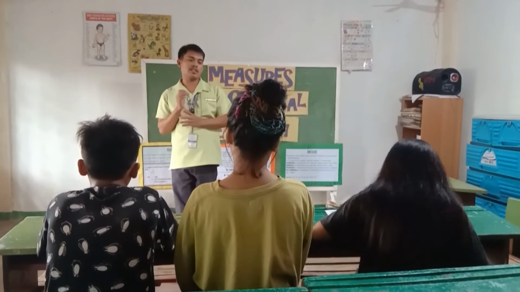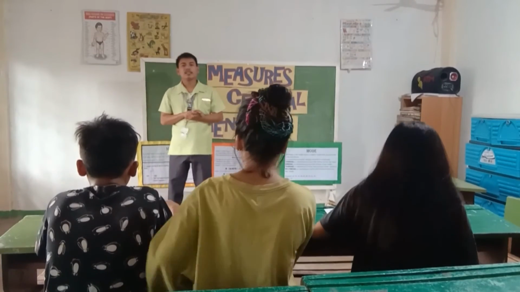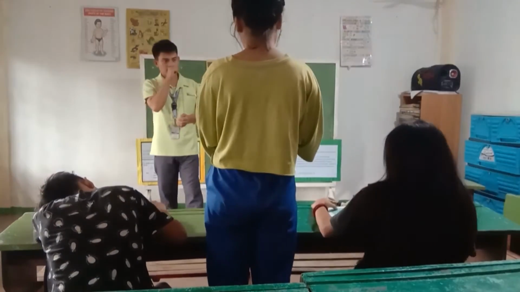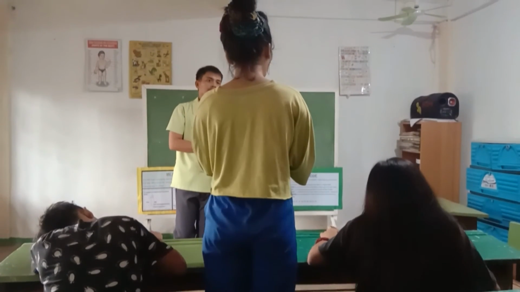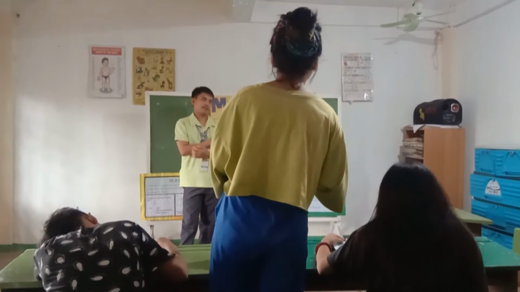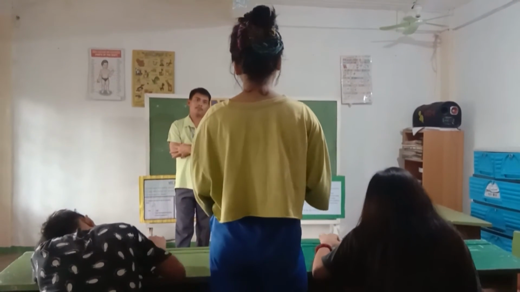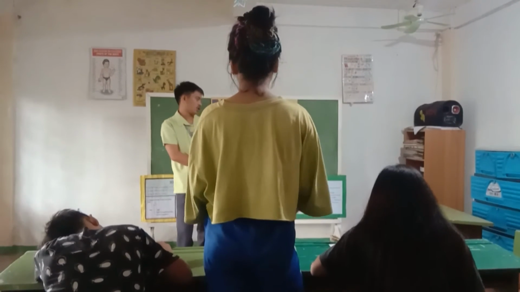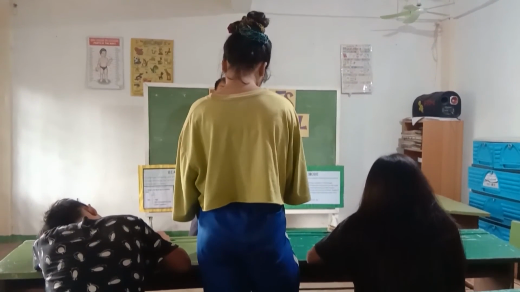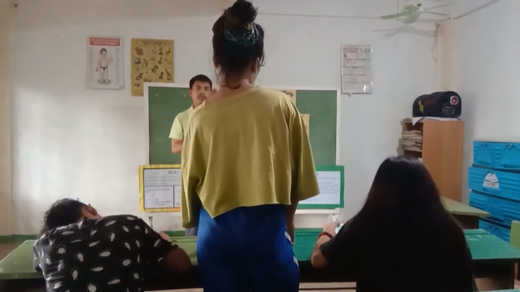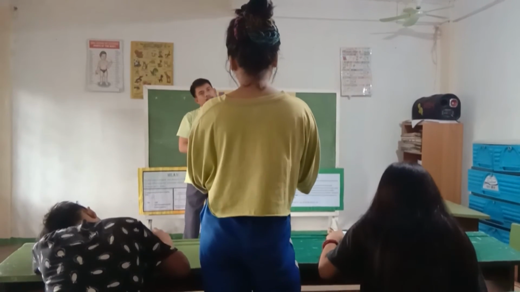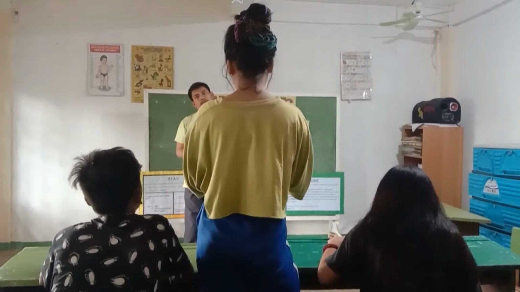How about questions about mode? Okay, Jamaica G. How can we get the mode? Okay. The score that occurred most in the distribution. So, the mode is the score that occurred mostly. What else? Is it possible to have a set of data with 2 modes?